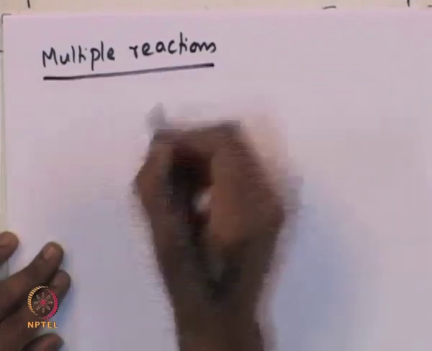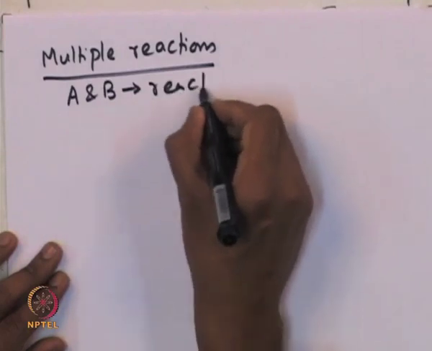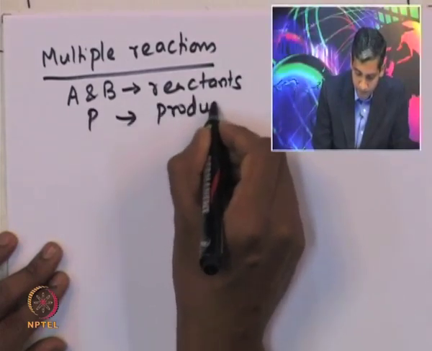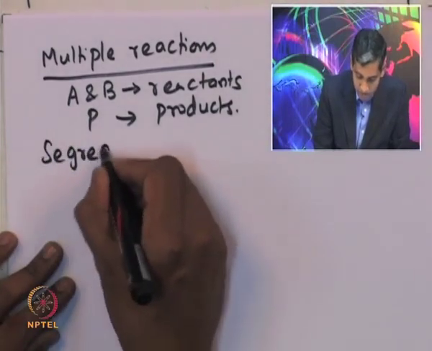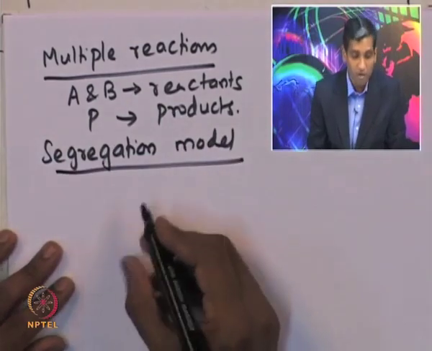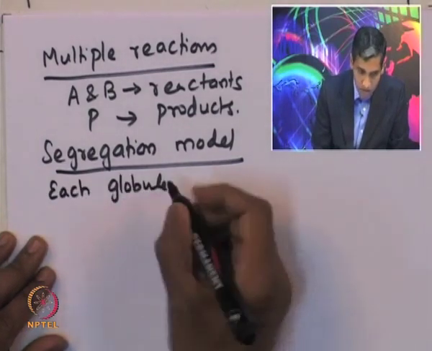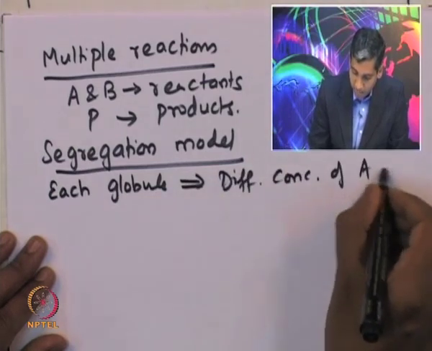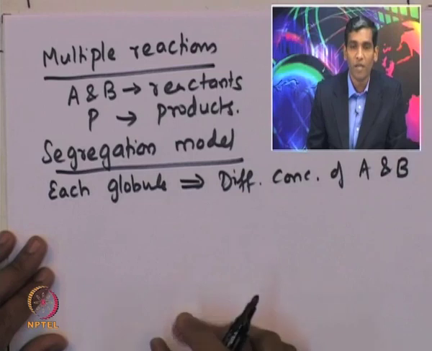If multiple reactions are happening, and let us say A and B are the reactants and P is the product which is formed, and if it is a complete segregation model, then we assume that each globule has different concentrations of A and B, and each of them behaves like a batch reactor, which is one of the assumptions of the segregation model.